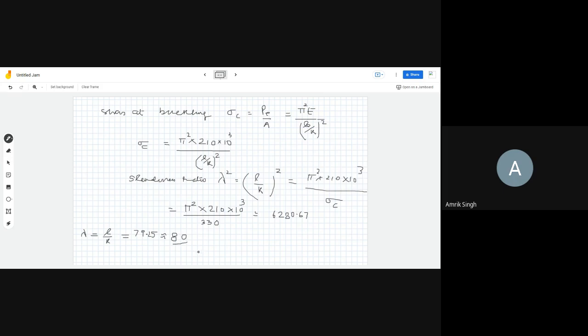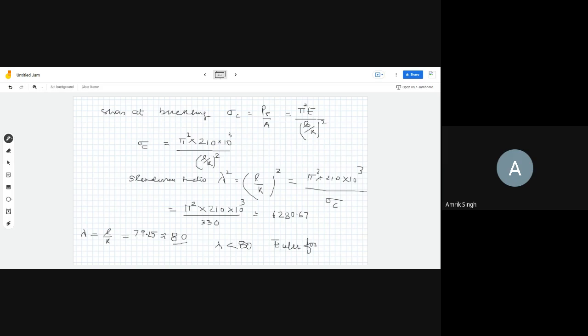And we have seen also while defining the columns by ratio, if it is more than that, then it is a long column. So when the slenderness ratio is less than 80, when lambda is less than 80, the Euler formula will not be valid.